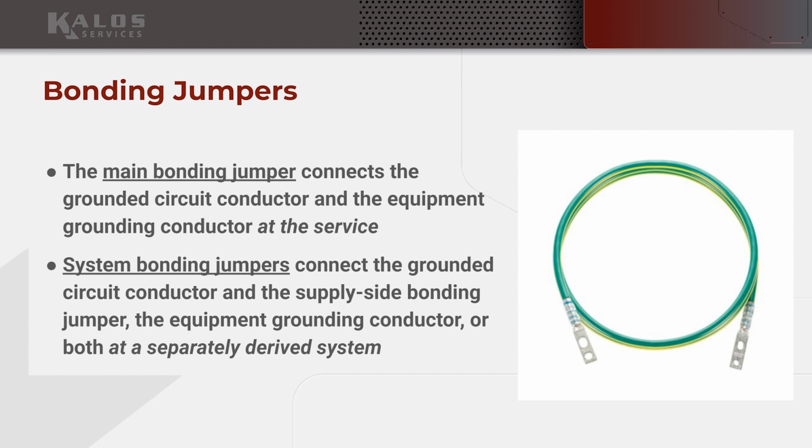Your main bonding jumper and your grounding electrode conductor have different sizing rules, so you just need to know what you're working with in order to effectively use the National Electrical Code to size your conductors properly. If you're studying for your license, this is stuff you want to learn. If you're an installer not looking to get your license, this is nuanced information you're not going to need on a day-to-day basis. So I'm not going to spend a whole lot of time on that.